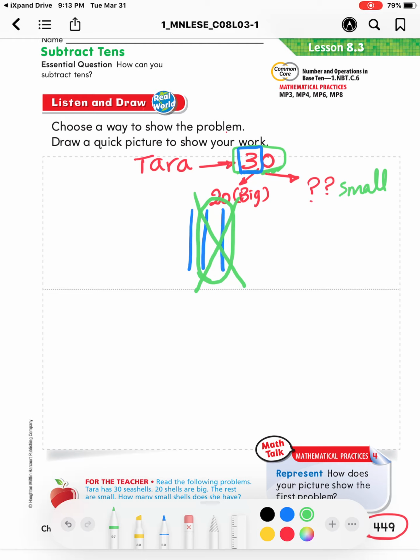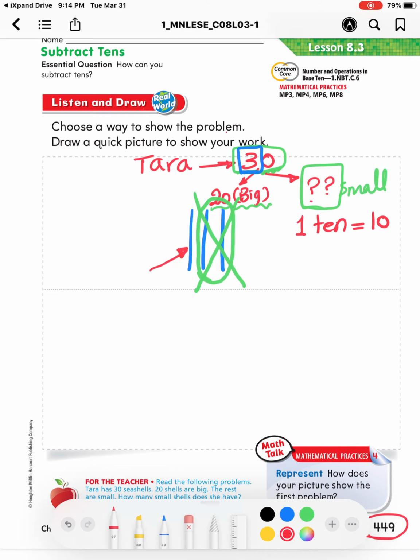After we took away the 20 big seashells, how many lines can you see left? We have only one line, which means 10. Excellent. Good job, boys and girls. Now let's move to the next problem.